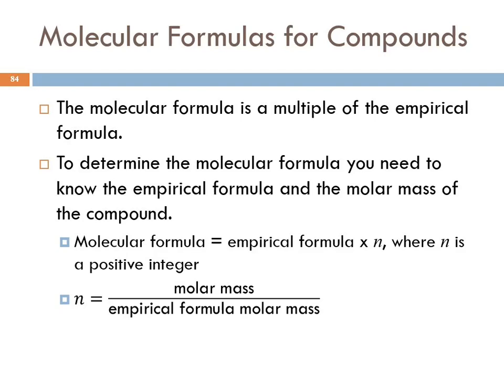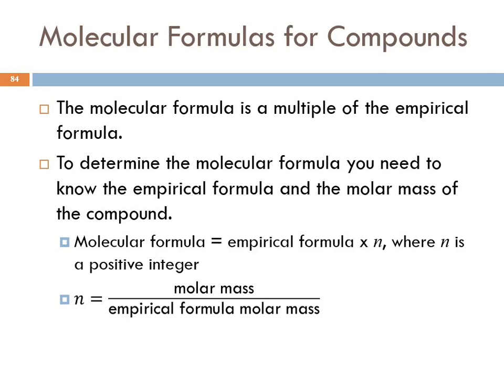Molecular formulas. The molecular formula will be some multiple of the empirical formula. Sometimes they're the same, but it could be multiplied by 2 or 3 or any number. So to find the molecular formula, we need to know the empirical formula and the molar mass of the compound. How would we get the molar mass of a compound? Well, that would come from something like mass spectrometry, where we can measure the mass of particles.